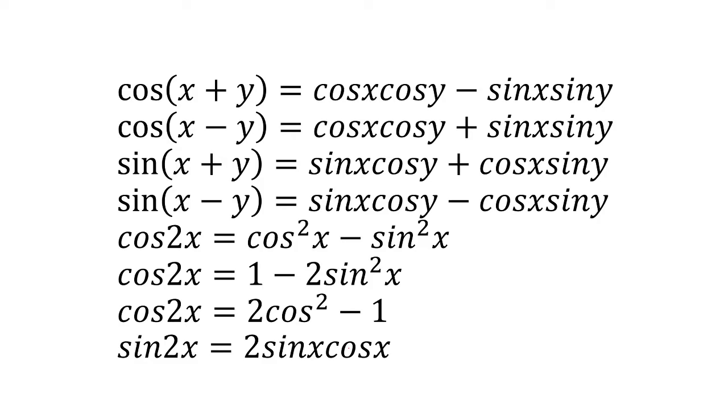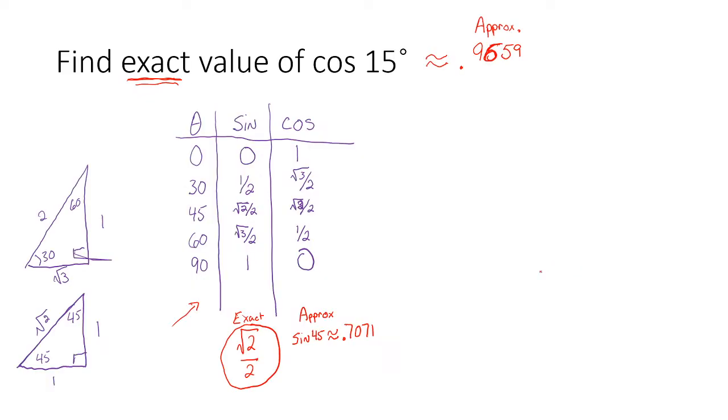And what we're going to be able to do is use any value that we have on our trig chart in order to be able to plug them in to these formulas. So if we look at the second formula that we have right there, hopefully you have it on a note card. If we look at that second formula, I think that's going to apply here.